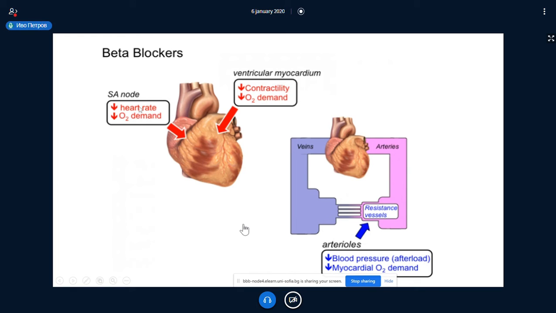With the reduction of the heart rate, the beta blockers achieve prolongation of diastole. And you probably know that the supply of the coronary arteries is happening during diastole.